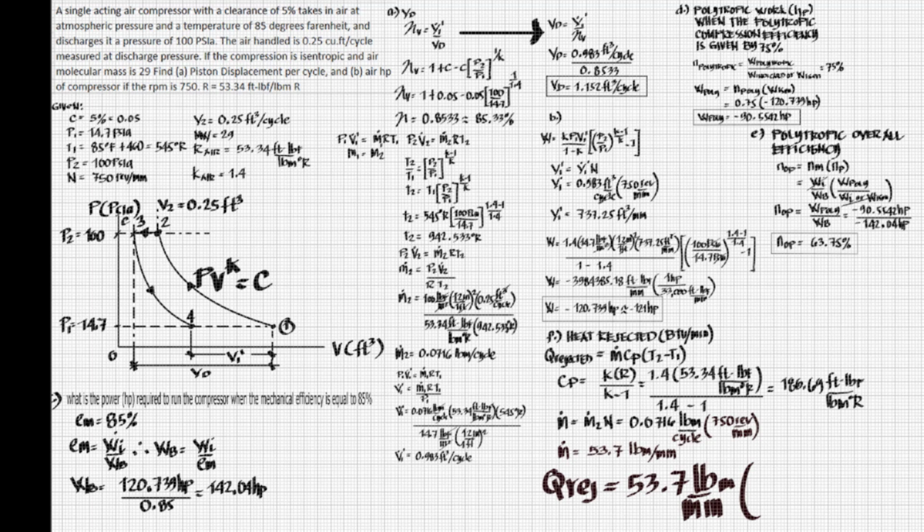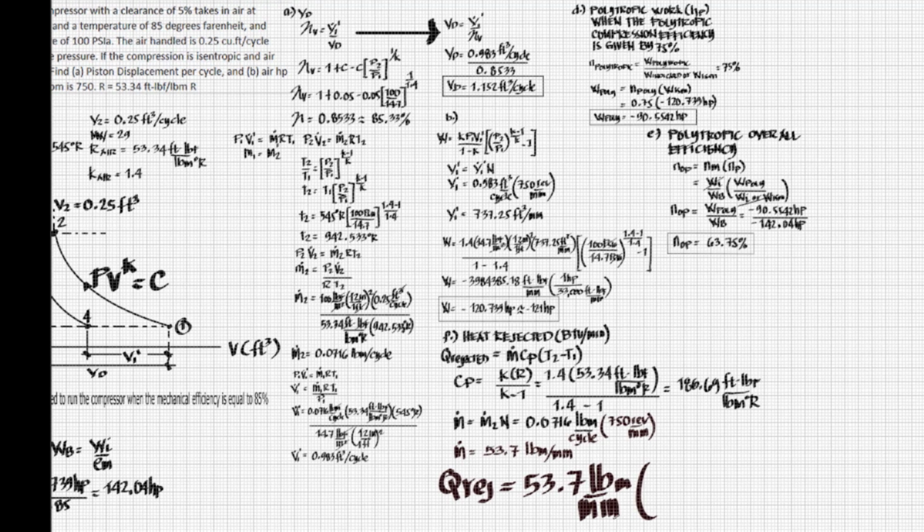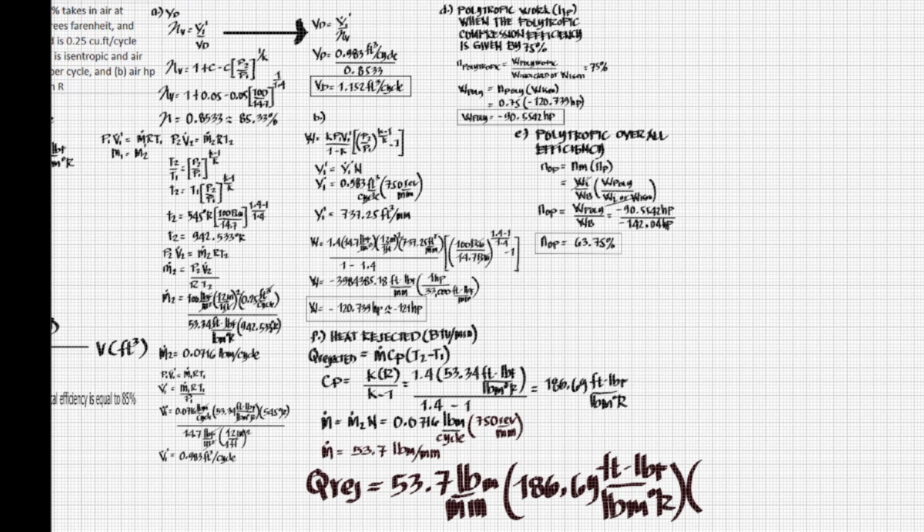Then multiply by the given calculated specific heat, which is 186.69, in pound force per pound mass degree Rankine, and this is multiplied by the change in temperature from point 2 to point 1, no?